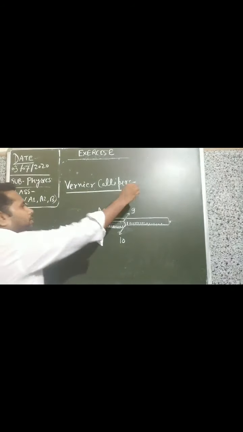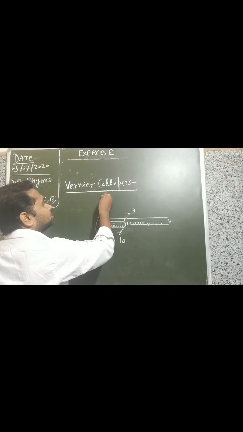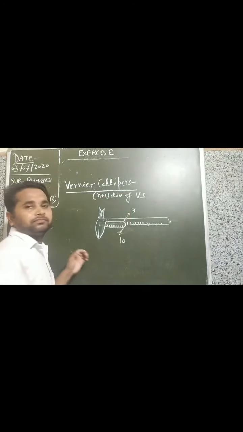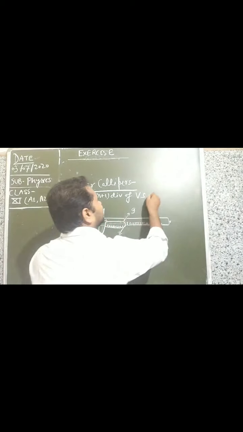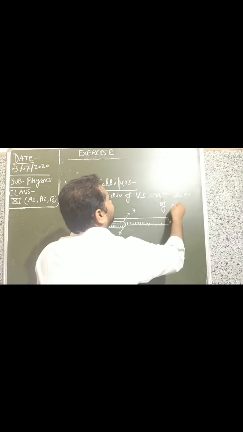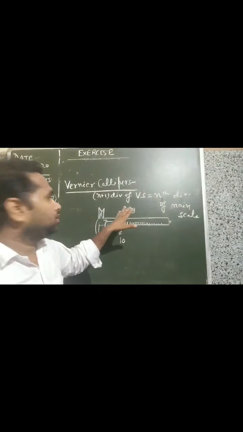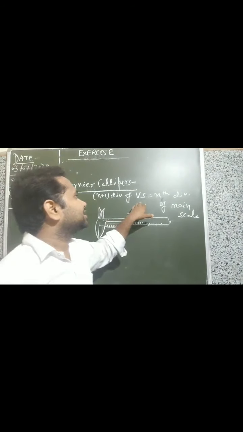So finally, from this diagram and description, the outcome is that n+1 divisions of the vernier scale, V is for vernier scale, equal n divisions of the main scale. This is very important information about the vernier calipers, which you have to learn. n+1 divisions of vernier scale equals n divisions of main scale.